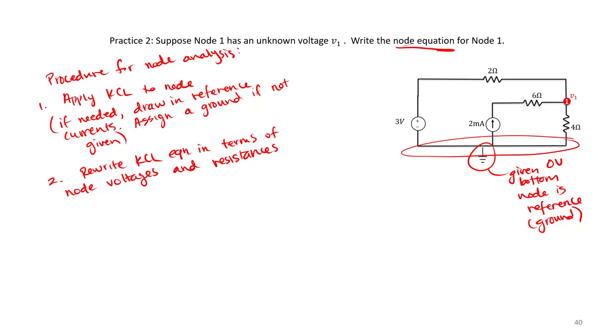Here we are just looking for the node equation, so we can go ahead and stop after that step, but of course, if you are trying to solve, then you could solve the node equations to find the node voltages. So in this case, we don't need to do step 3. We'll just do steps 1 and 2.